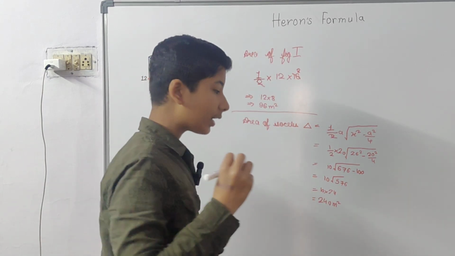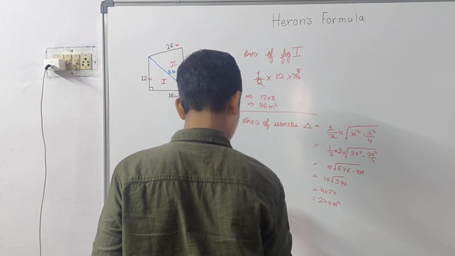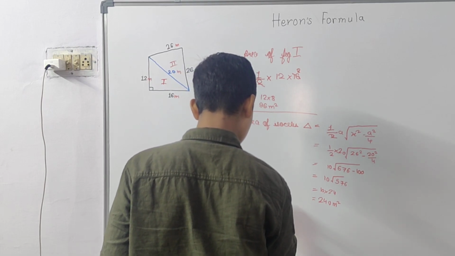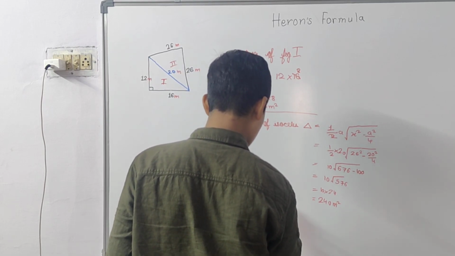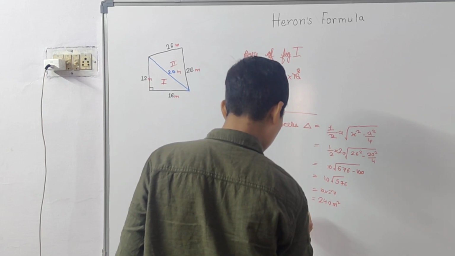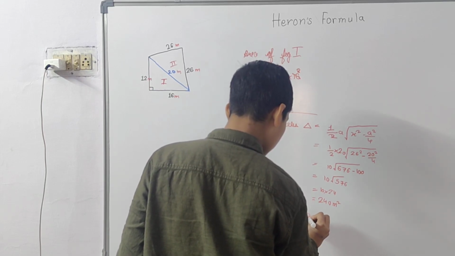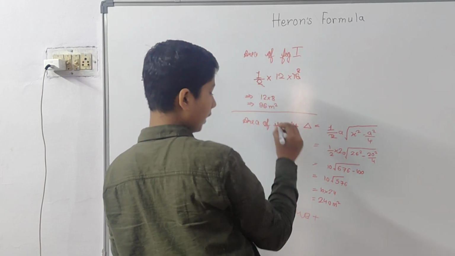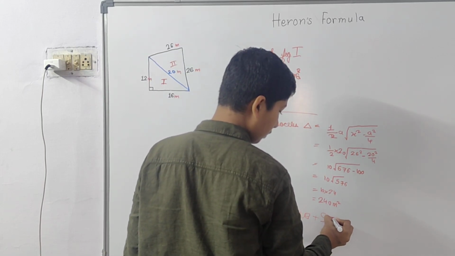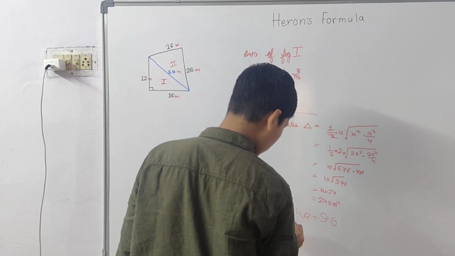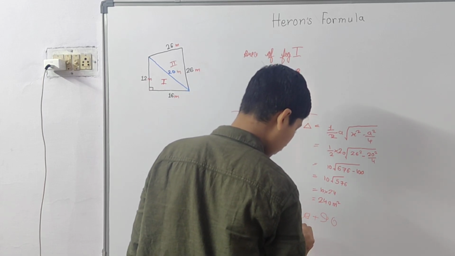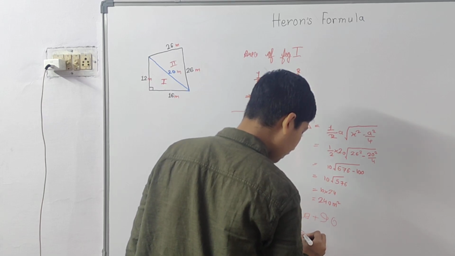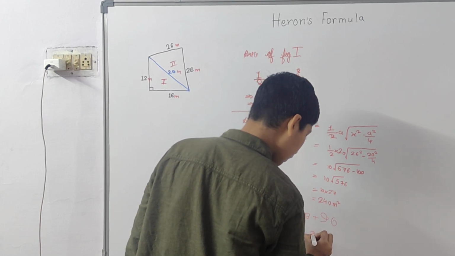So now what will we do? We will find the total area. Total is 240 plus 96, which is 336 meter square.